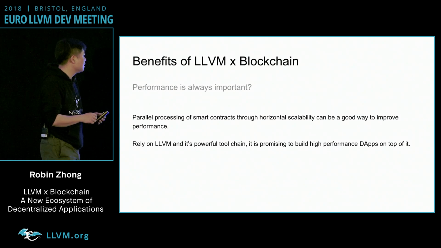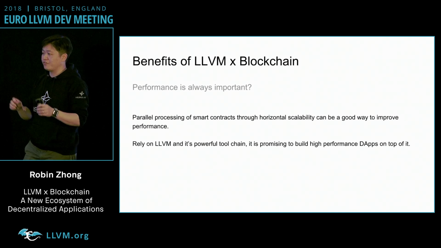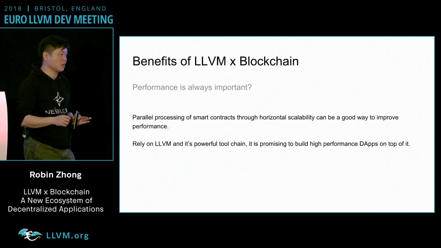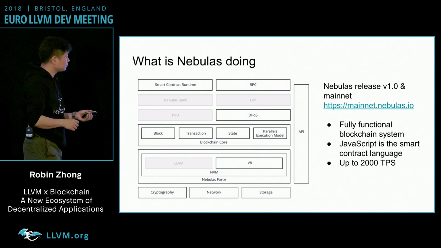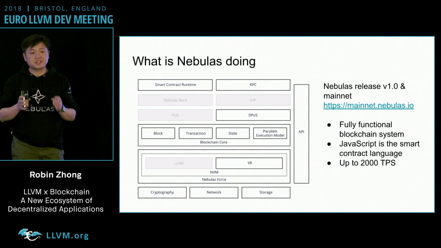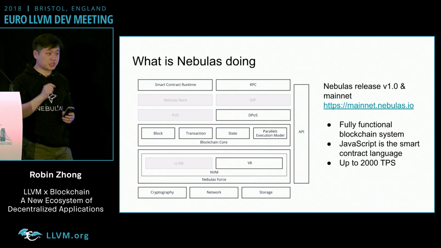We can rely on LLVM and its powerful toolchain and optimizer to help the blockchain boost its performance. That's the reason we think we need to integrate LLVM with blockchains.